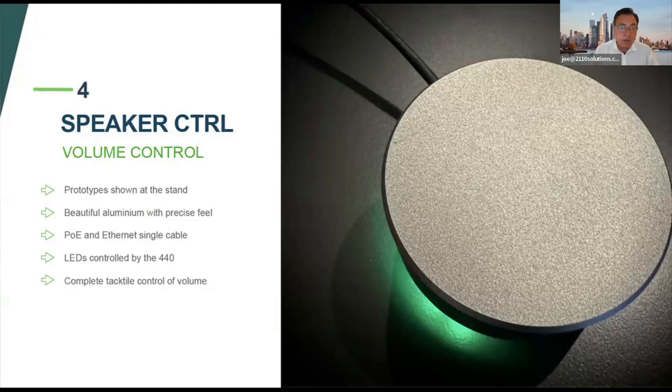Now you can have multiple audio volume controls anywhere within the environment. So you can control the overall room level. You can control individual channels. You can control groups of channels that you've soloed, all with the speaker control knob, which is very important.